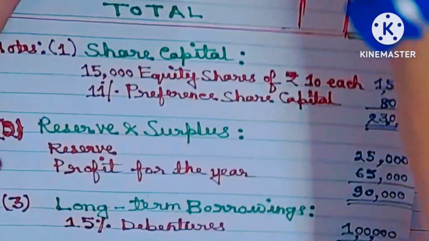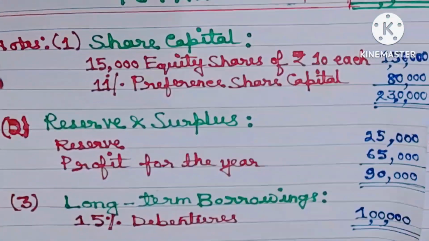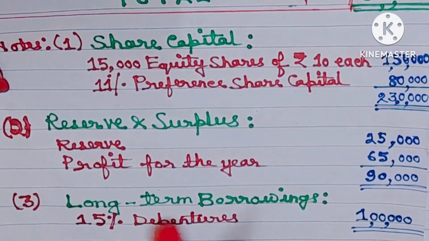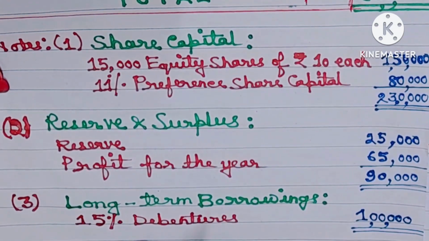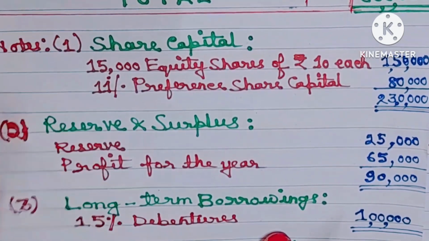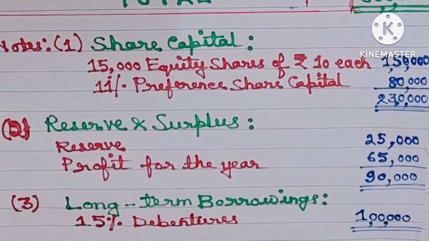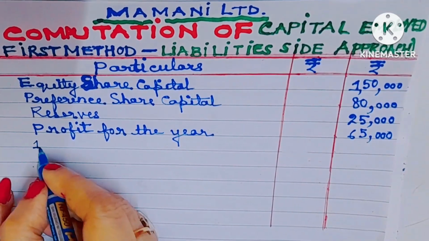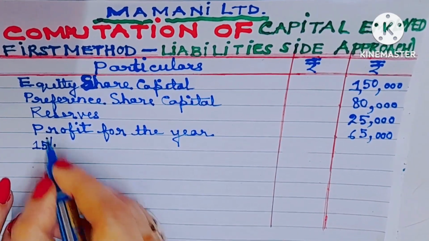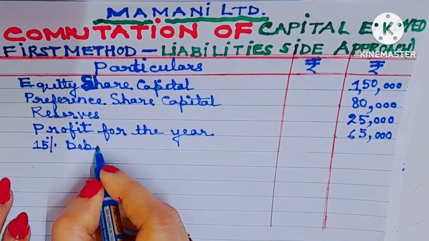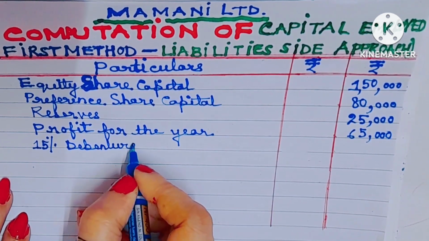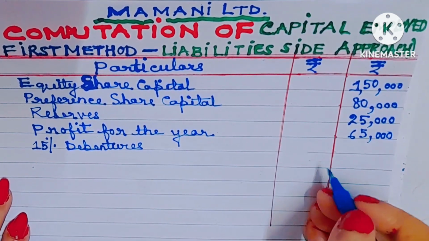But if you go through the notes, we can see note number 3, long term borrowings, 15% debentures is equal to 1 lakh. So let's write 15% debentures is equal to 1 lakh.